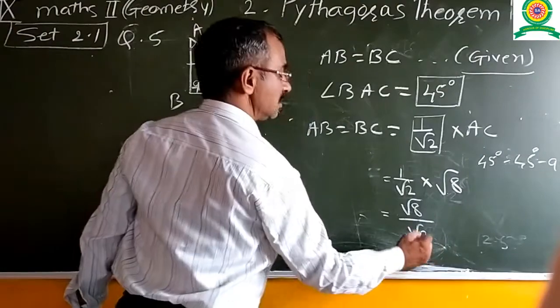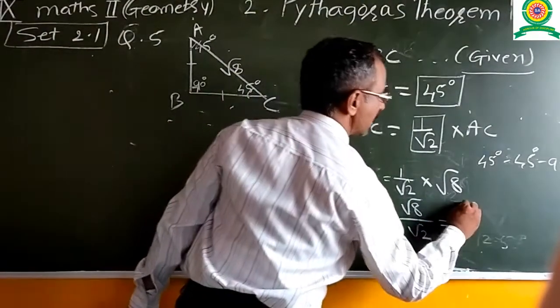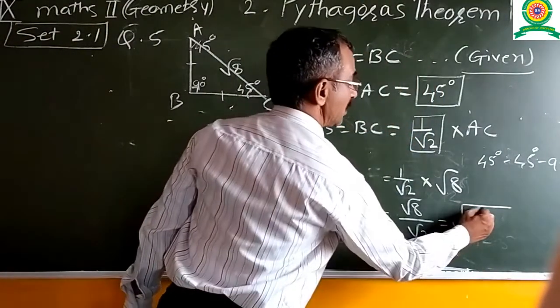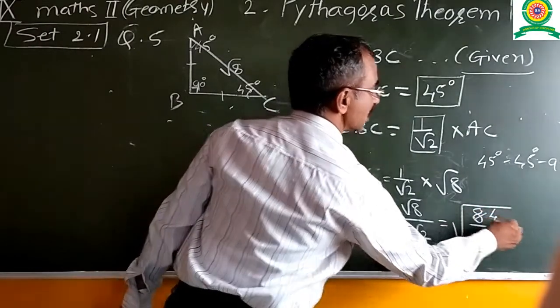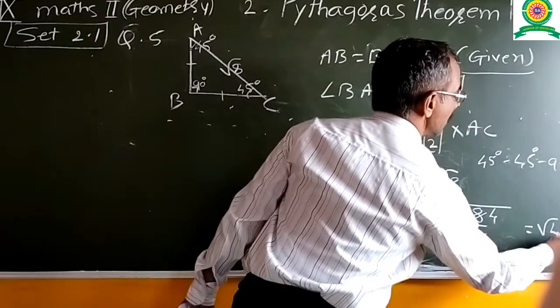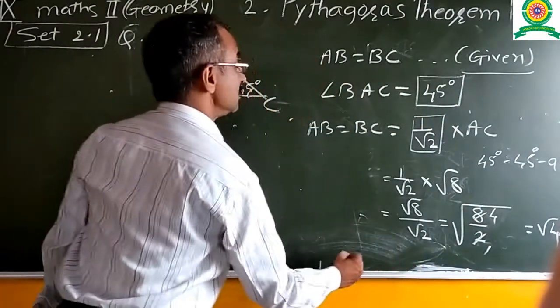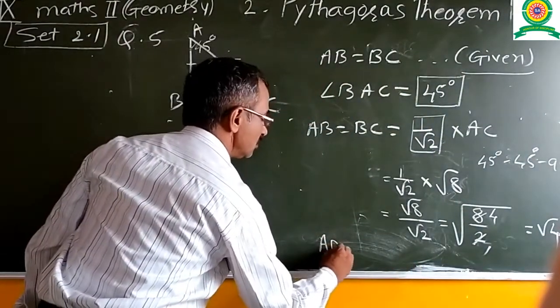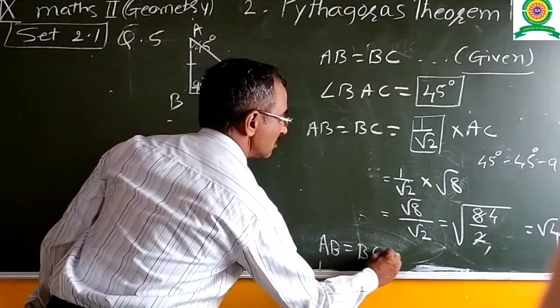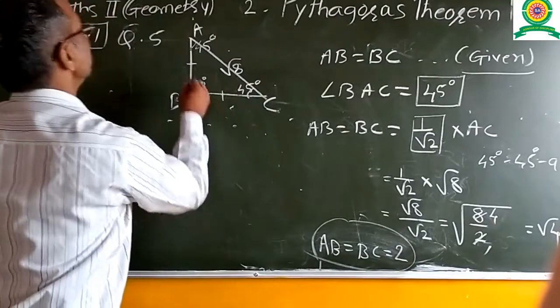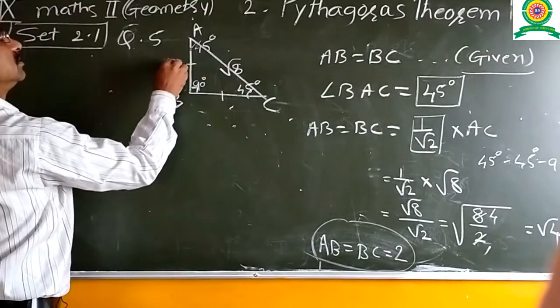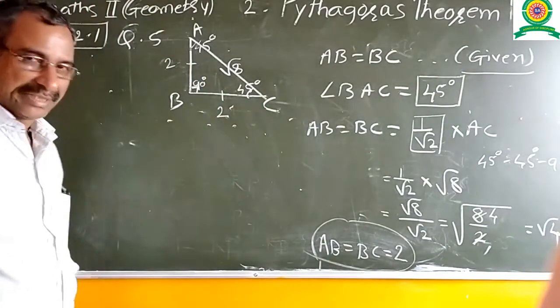Both are under a root sign, so we take them under one root: root of 8 upon 2. 2 fours are 8, so root 4, and root 4's value is 2. So we get the answer: both sides have a length of 2 units.